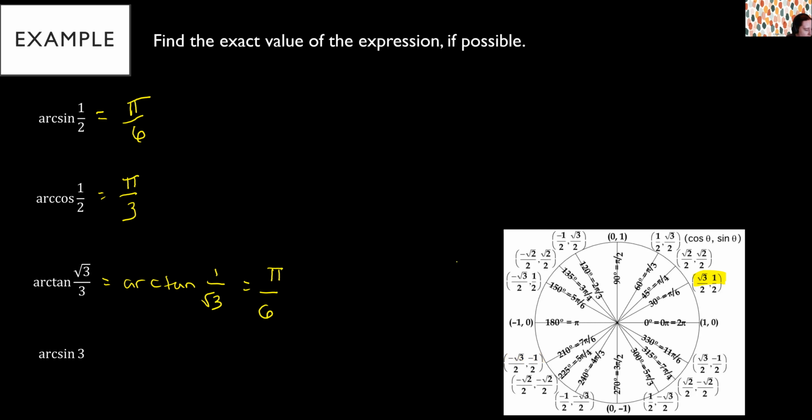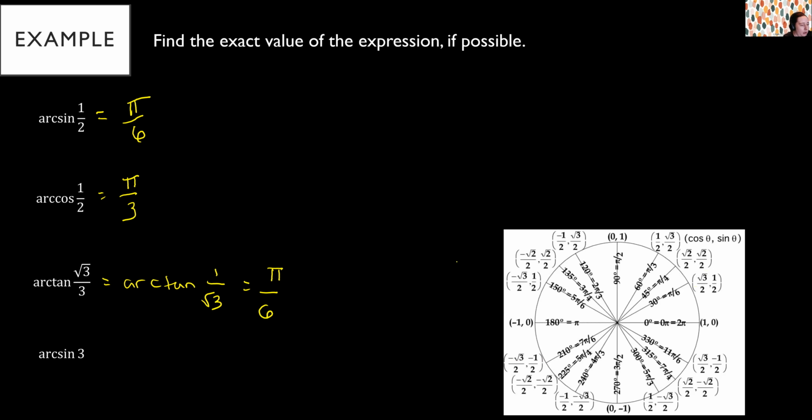Then we're looking at arcsine. So arcsine of 3. Remember, this is your y value, or basically if you're graphing sine. It's the y value on the unit circle. There is no value of 3 on the unit circle for y because our inputs are only between -1 and 1.